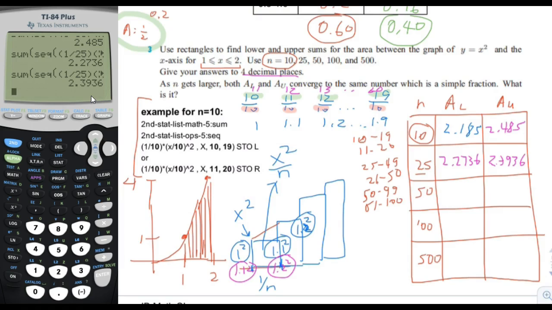For this one, we'll be using 100 to 199, and then here 101 to 200. And for this last one, we'll be doing 500 to 999, and then 501 to 1,000. Okay?